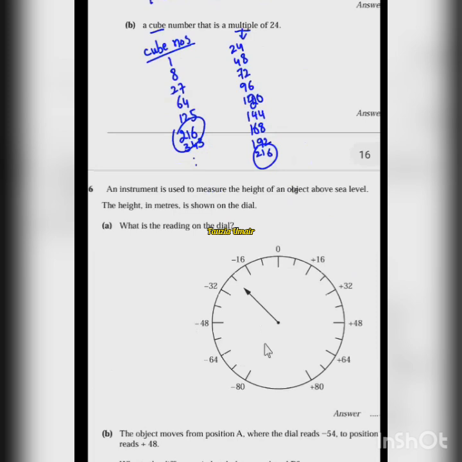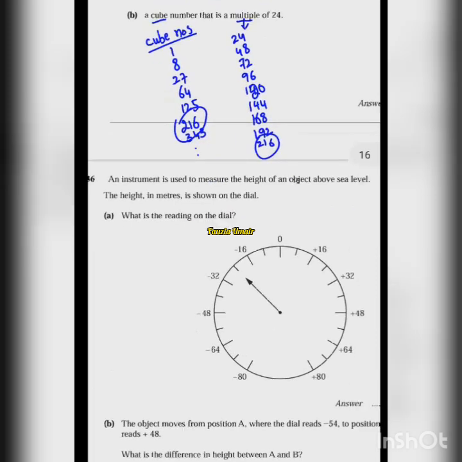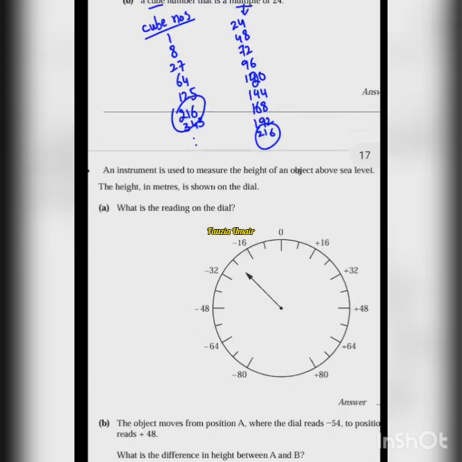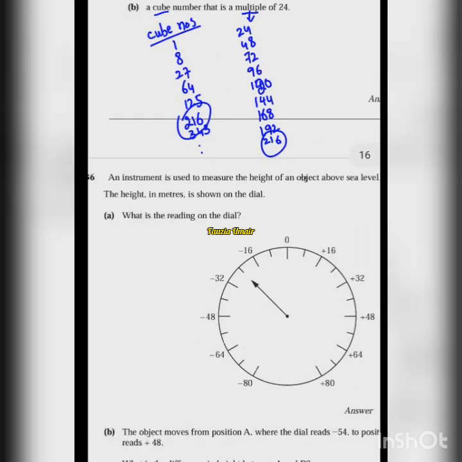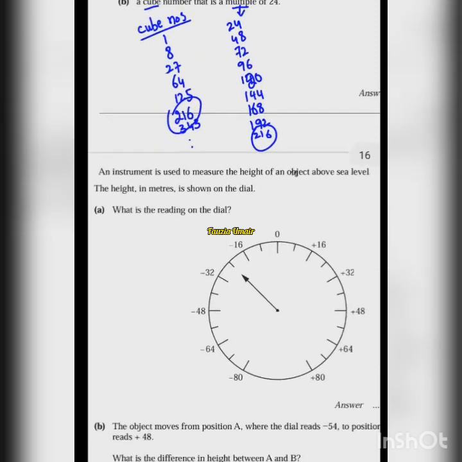All right. So question number 36. C. An instrument used to measure the height of an object above sea level. The height in meters is shown on the dial.